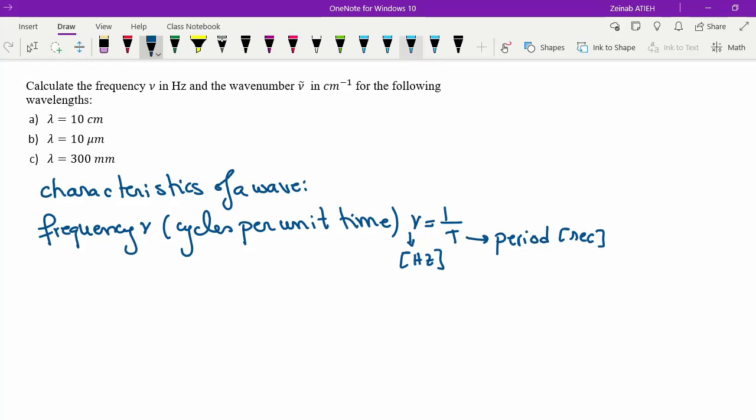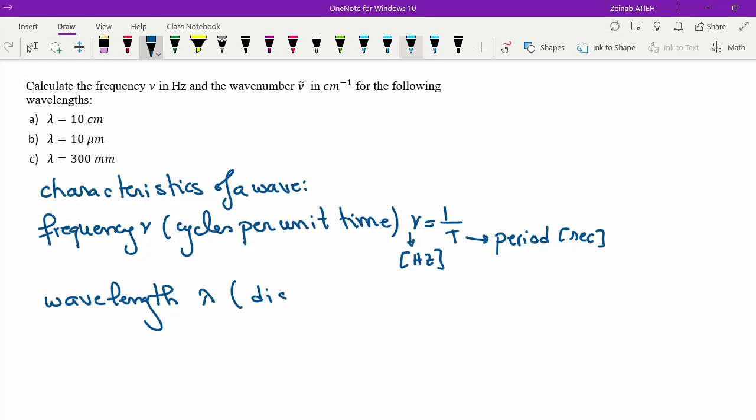Now let's talk about the wavelength. The wavelength is given the symbol lambda. What is the wavelength? It is the distance traveled during one period. The distance, it's not a time. Distance traveled during one period, in one cycle.